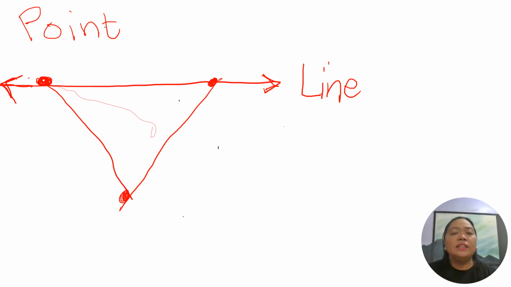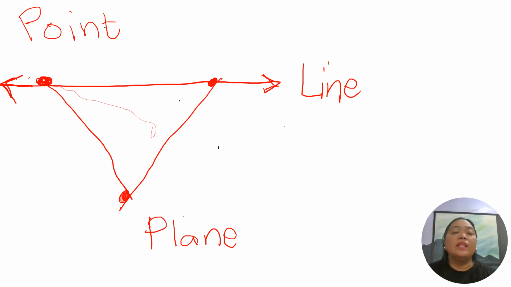Suppose we draw another point here, and then we connect the point. There is now another undefined term which we call a plane. Take note that our plane is a blank space, a blank space where all sets of infinite points are located.